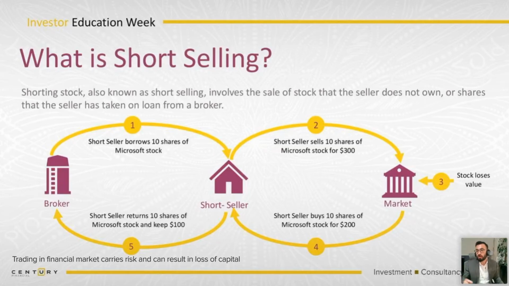Name one stock which you don't like. It has to be a US based company because we have access to US based stocks in the demo account. One company which you don't like. Add that in your watch list, the company which you don't like or which you think prices are going to fall down. Write the name of it.